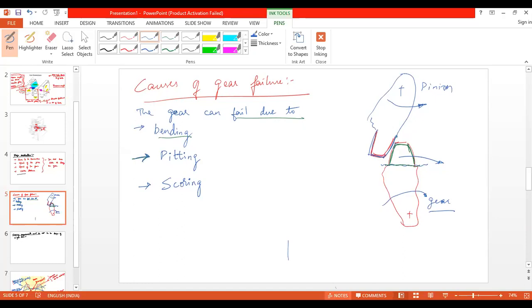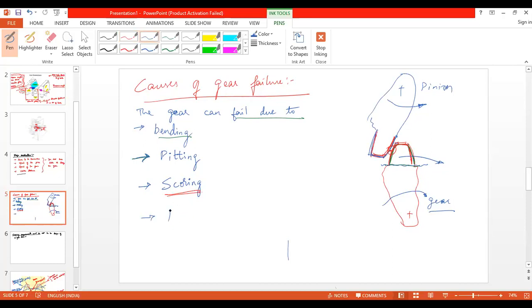That is, the tooth of the gear and the tooth of the pinion will stick together, and then they will shear again to disengage. Because of this, the scoring will happen and the failure will occur.